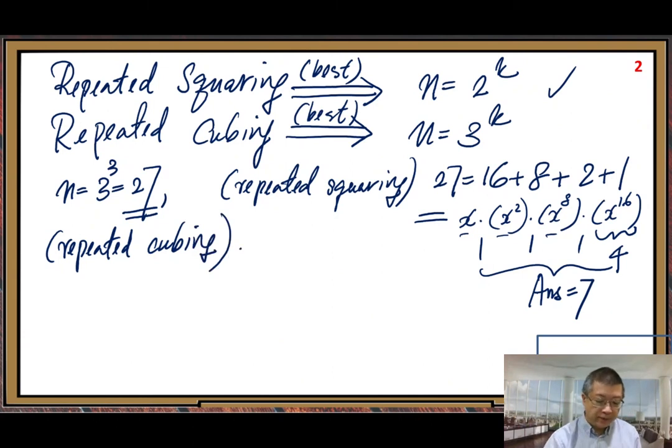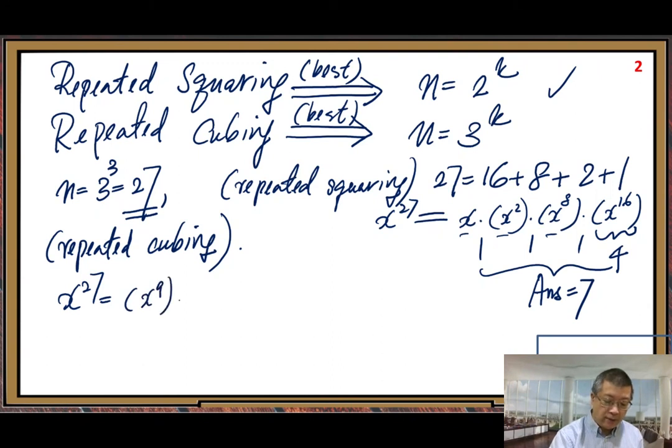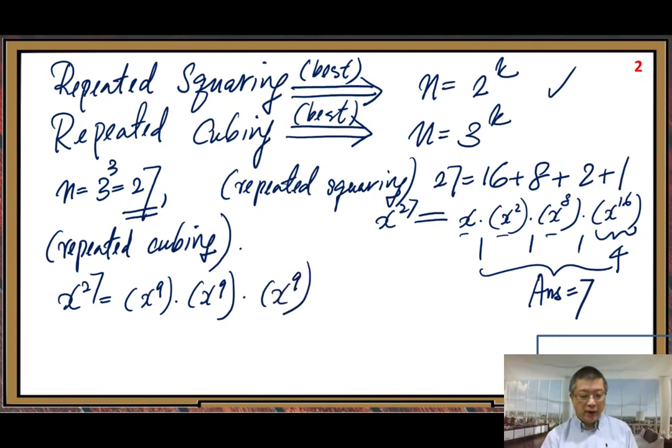This time x to the 27th is x to the 9th times x to the 9th times x to the 9th. How many multiplications did we need to calculate x to the 9th in the previous example?